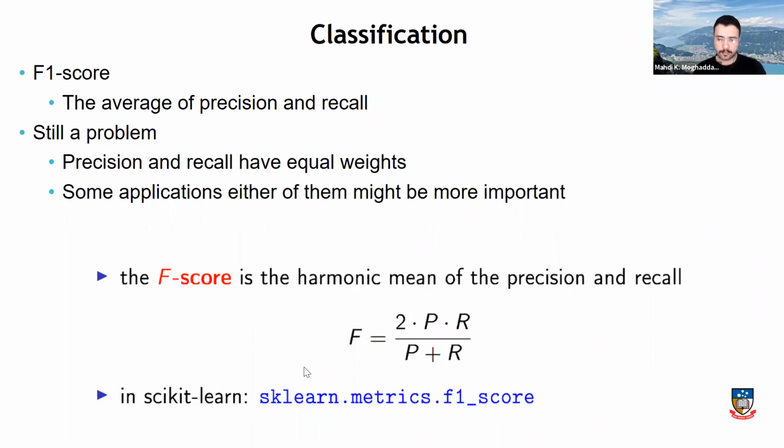And as I mentioned, the problem with this one is that it puts equal weight, for example, on the precision and recall. You're saying precision and recall are equally important for me, which is not true in some of the tasks. So, for example, let's say you are detecting a fraudulent transaction in banking.